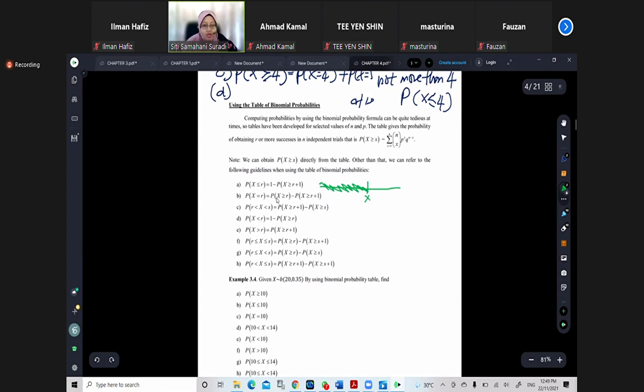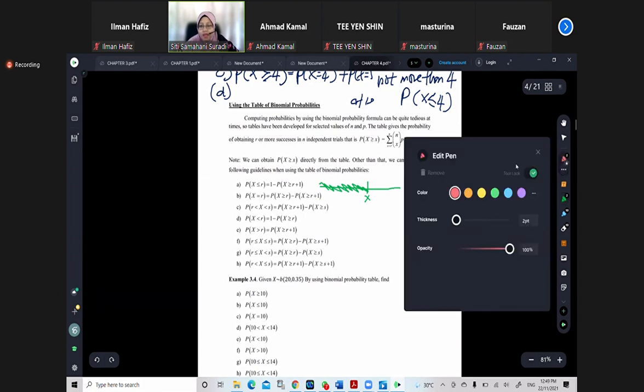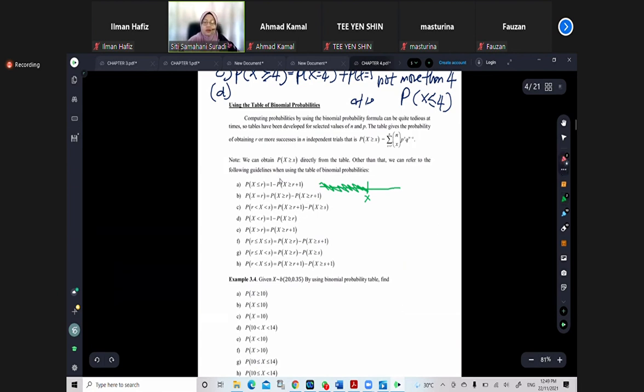So that's why you need to subtract all this area. I think I already explained this in the cumulative functions for the discrete random variable. So this area is included, so P(X more than or equal to r) minus P(X more than or equal to r plus 1). So you need to find exactly this area, then you get exactly this one only. Okay, that's the main point.